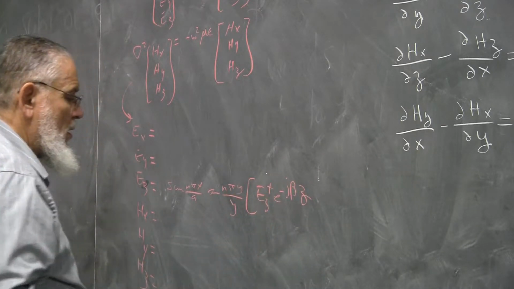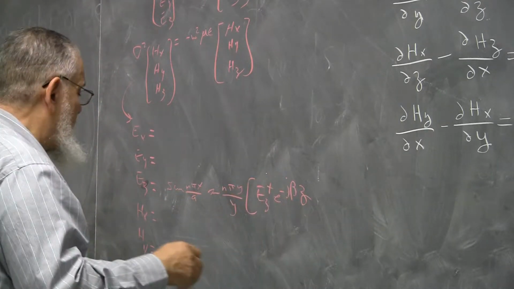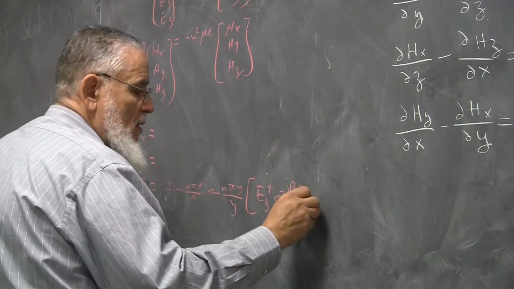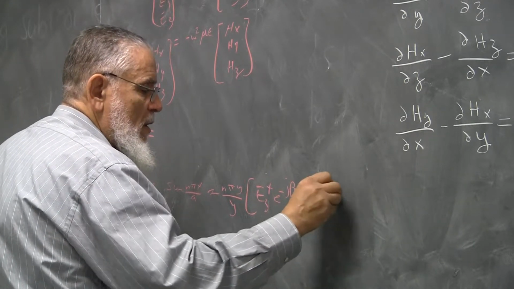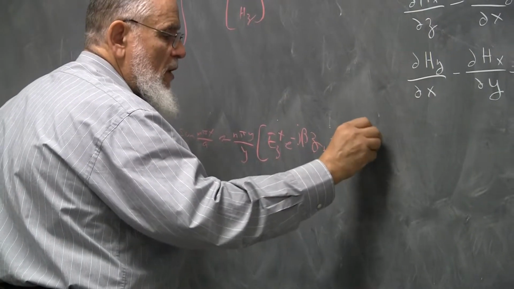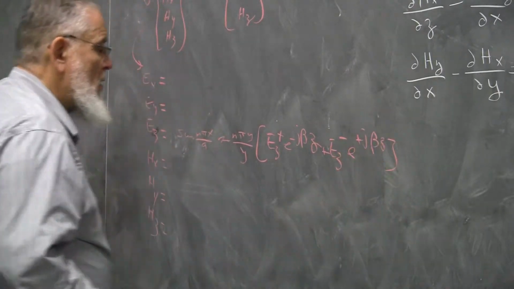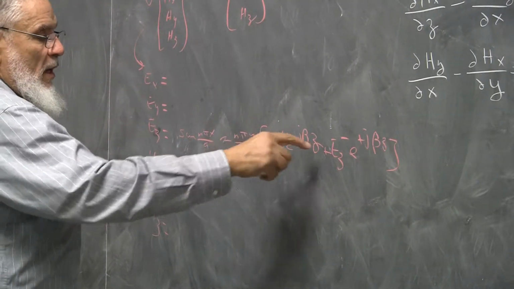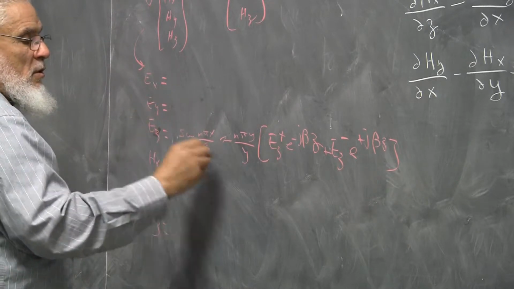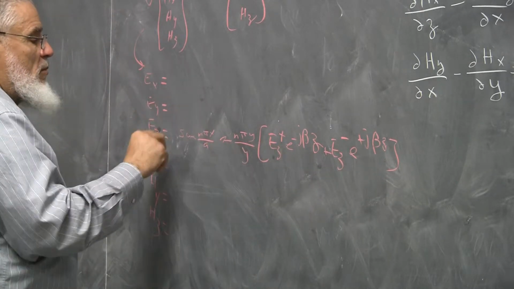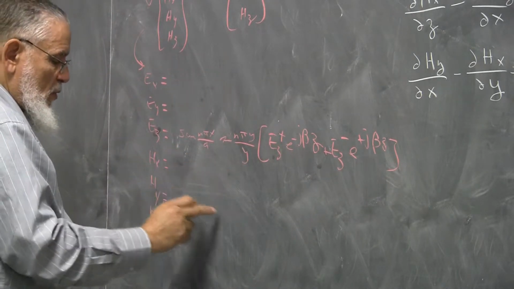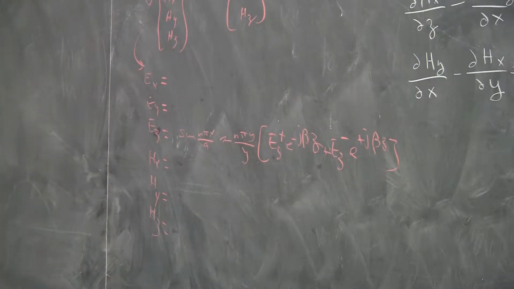I'm forgetting the m and n here and the subscripts, but we know that they are there, plus Ez minus e to the plus j beta z, correct? We did that. So if you do this, you will have, again, more unknowns, more constants, more parameters.